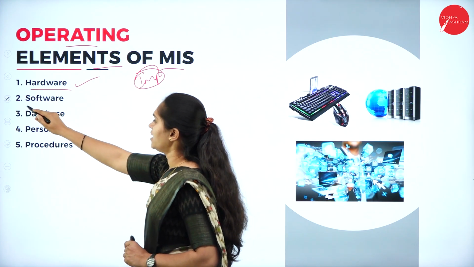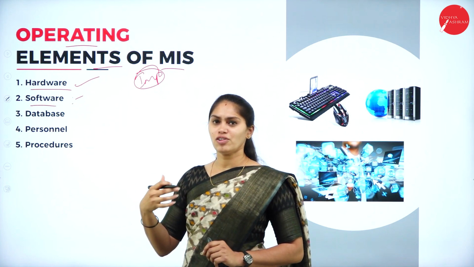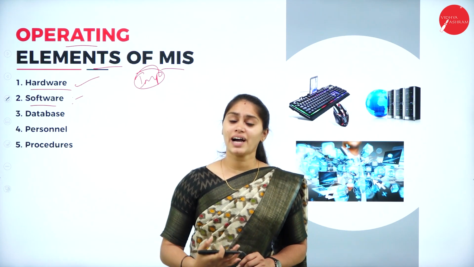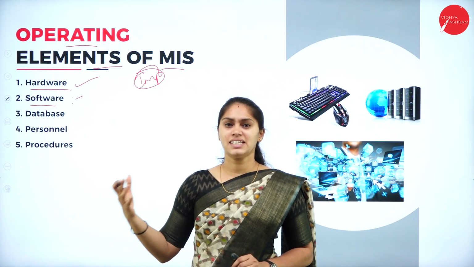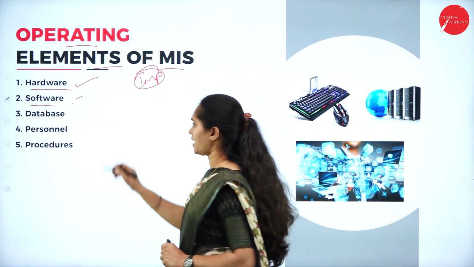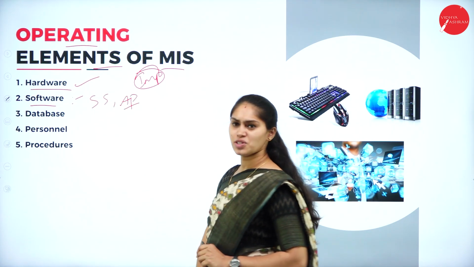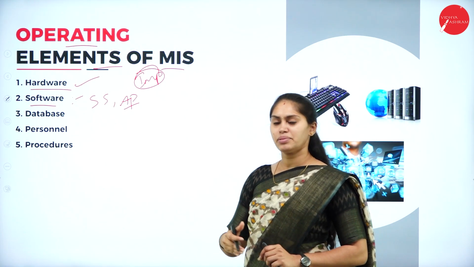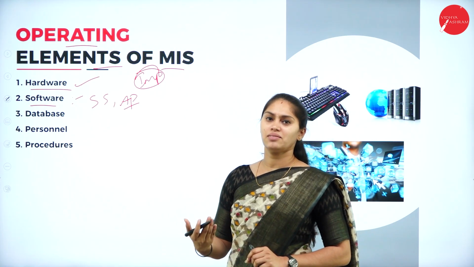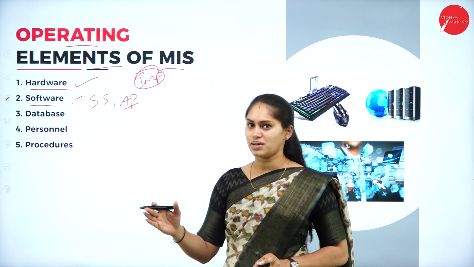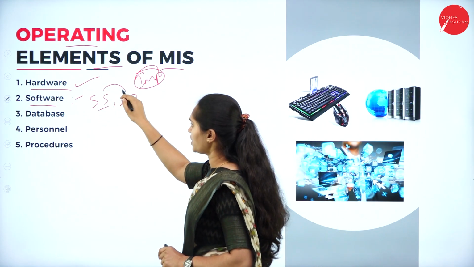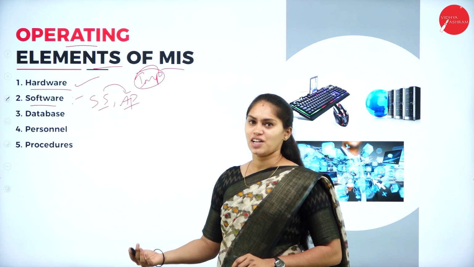That is hardware. Next we have software, which is a set of instructions that guides the computer system on what needs to take place. It can be system software or application software. Application software is used only for a particular purpose, but system software has control over the application software.